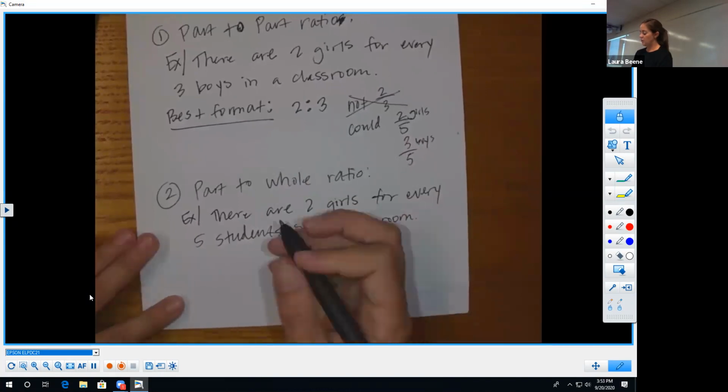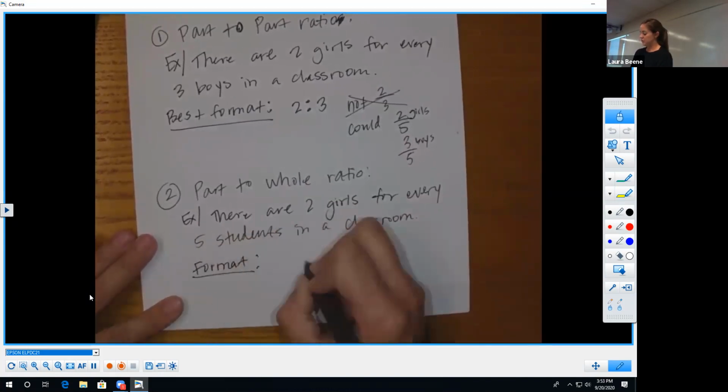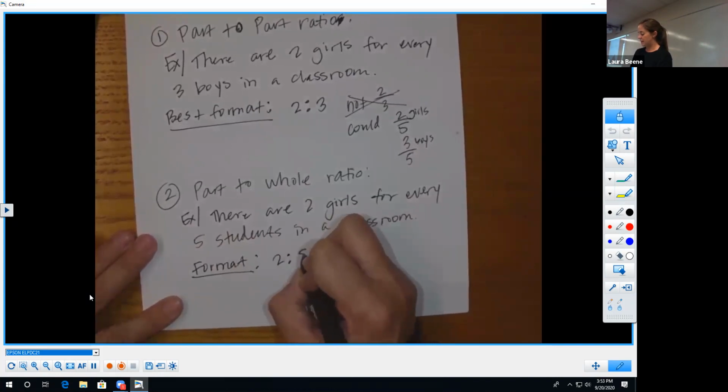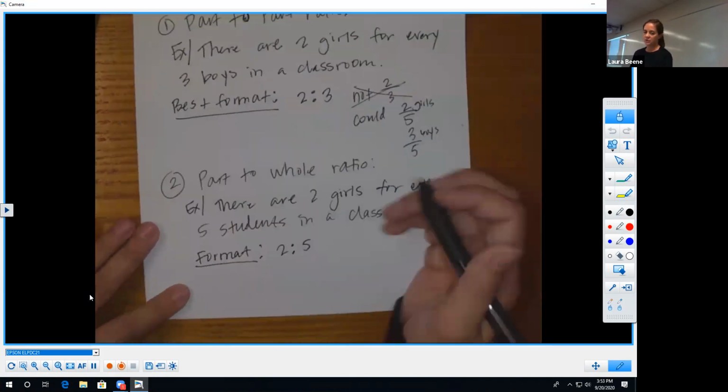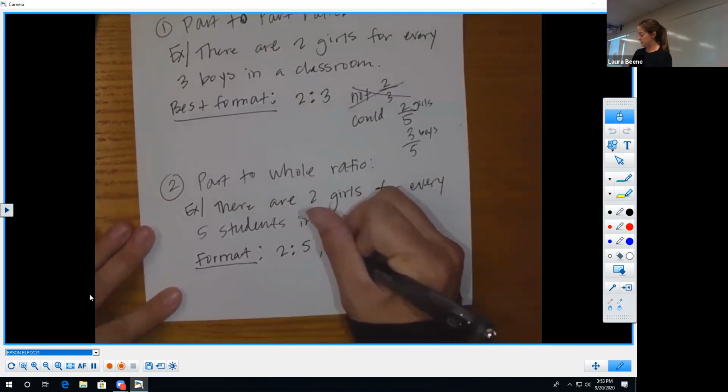Okay, so for the format choices for this one, again, you can use the colon. It would be 2 out of 5. And then for this one, you can just use the numbers from the problem to write the fraction. So it would be 2/5.